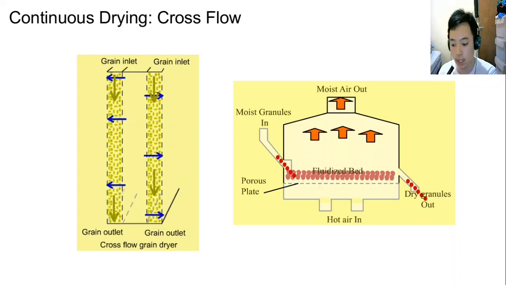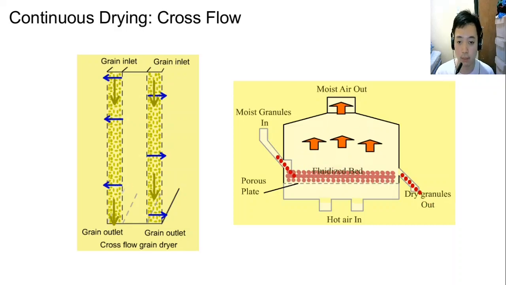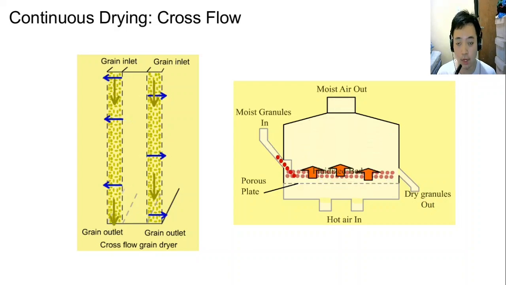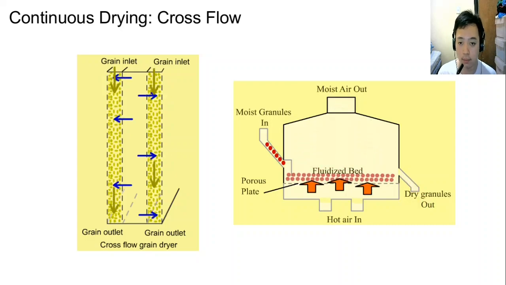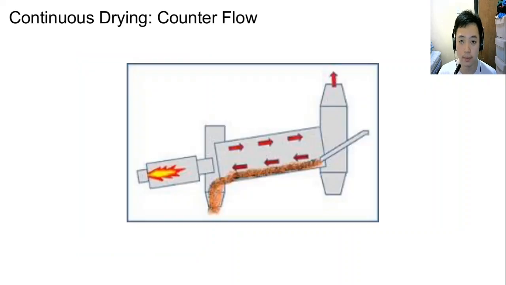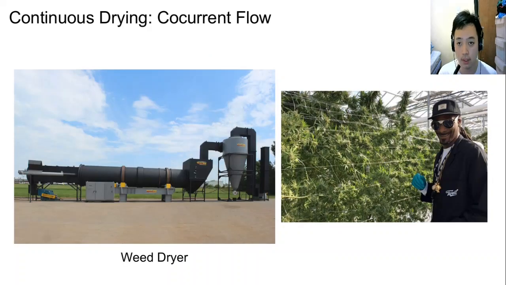Now continuous drying has several types as well, not several, just three. And I will skim over them one by one and I will explain them later. So first one, cross flow, next counter flow, and concurrent flow.